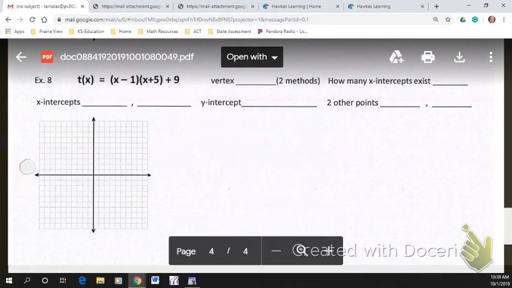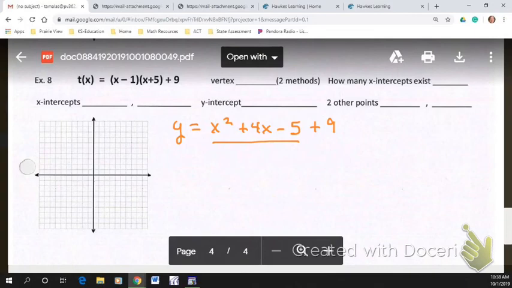So that's going to be y is equal to x squared, then I would have a plus 5x and a minus 1x, which gives me 4x. And then -1 times 5 is -5. And then I have a plus 9 on the end. So I got these 3 terms from multiplying out my 2 parentheses. Is everybody okay with that?